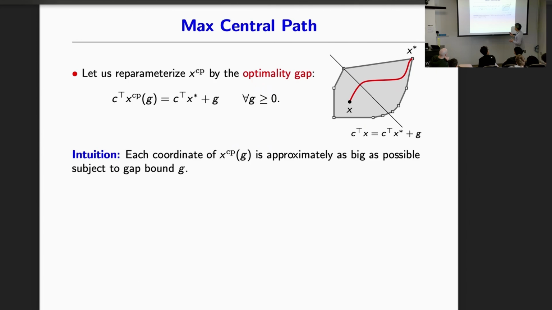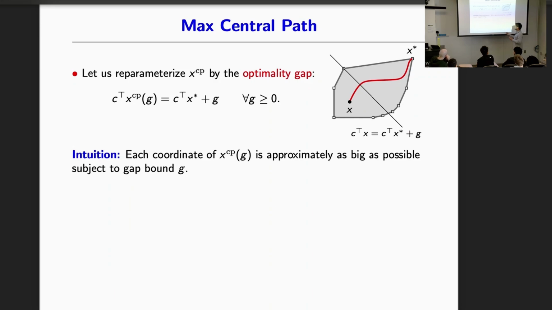Okay. So as I've said, the intuition of the central path is that every coordinate is approximately as big as possible, so as far away from 0 as possible, subject to gap bound g. Right? So x_cp of g is some point in the polyhedron intersected with this hyperplane that stays away from every inequality as far as possible.